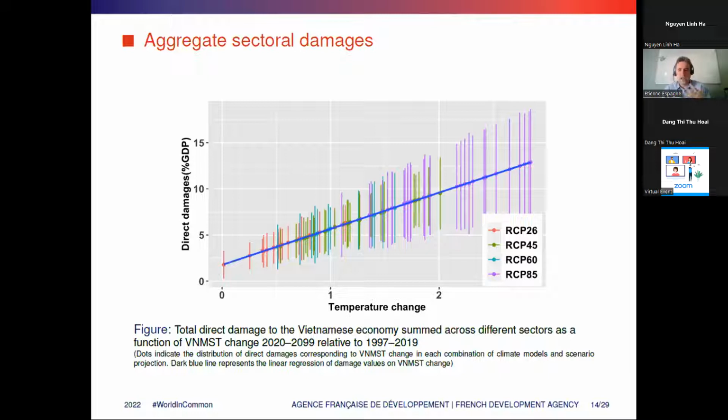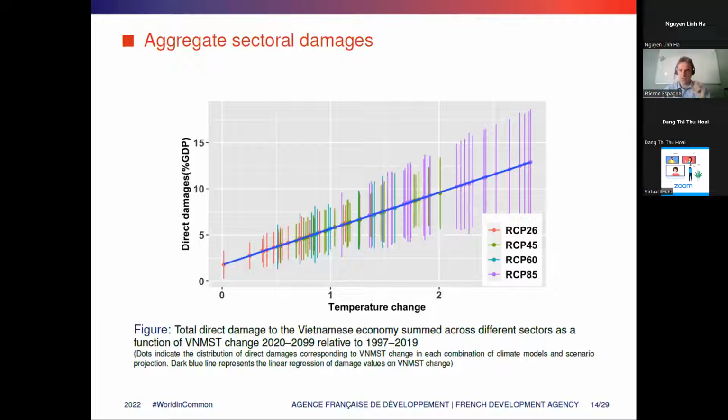So that gives you a rough idea, with an uncertainty range, of course, about the direct damages in terms of percentage of GDP, depending on the temperature increase in Vietnam relative to the recent period. So, for example, when you take the 1 degree temperature change, so it's 1 degree above the recent period.